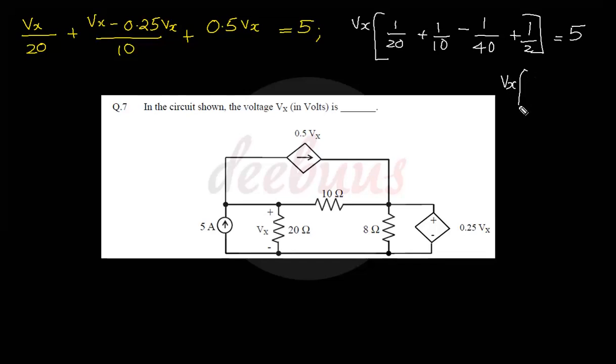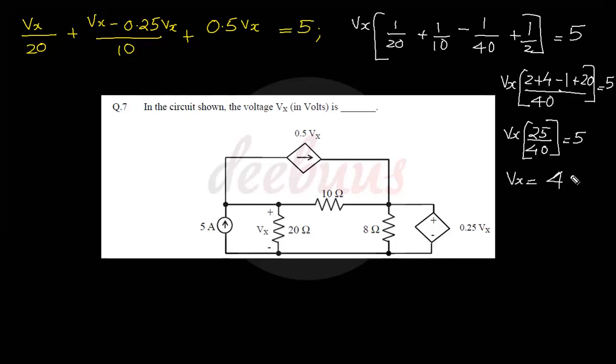Now Vx into, with denominator 40, numerator is 2 plus 4 minus 1 plus 20, equals 5. So Vx into 25 by 40 equals 5, or Vx equals 40 into 5 by 25, or 40 by 5. 40 by 5 is 8. So the answer is 8 volt. Voltage Vx is 8 volt.